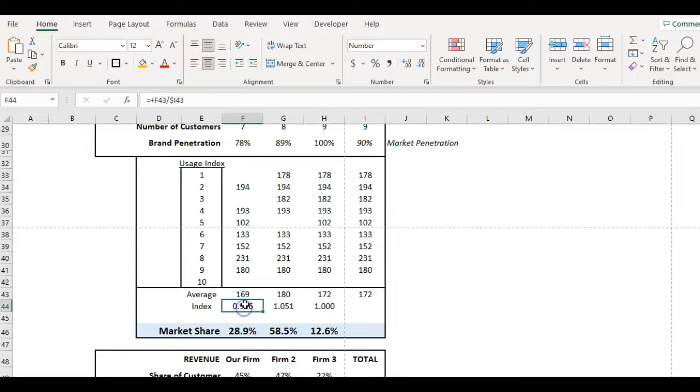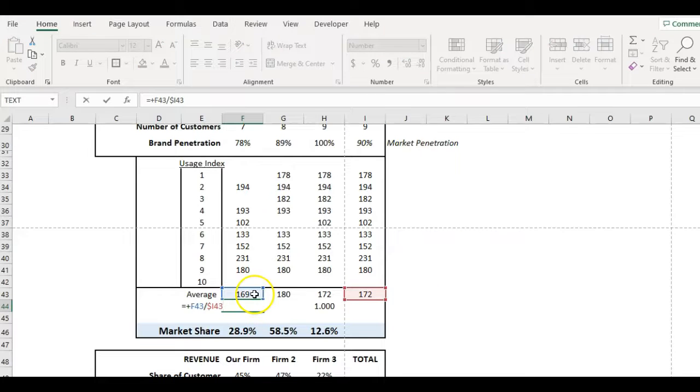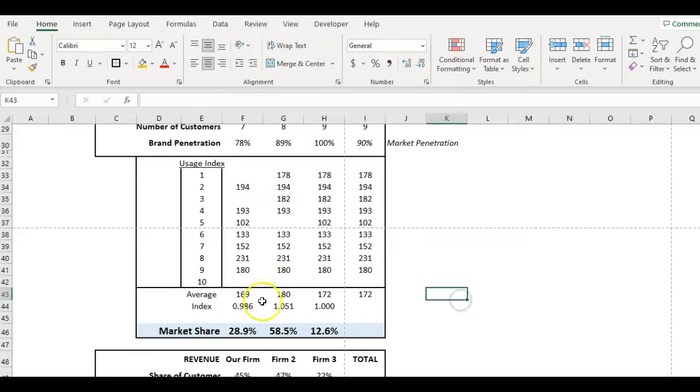And then I simply divide. So our average customer, whether we win their business or not, as long as we win a proportion of their business, we pick up slightly below average. Okay, so 98% odd of average. They're right on average, and they're picking up slightly heavier users.